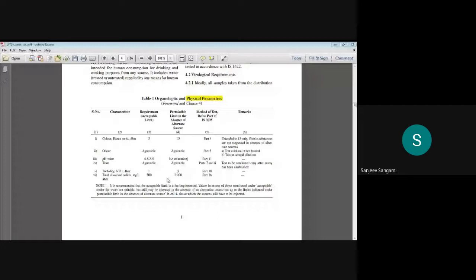There it says that up to 9 it is permissible. 6.5 to 8.5 is there, and up to 9 it is permissible in the 1991 code. I'll supply that also, and you will come to know. When the code was revised, they said that no relaxation should be given.